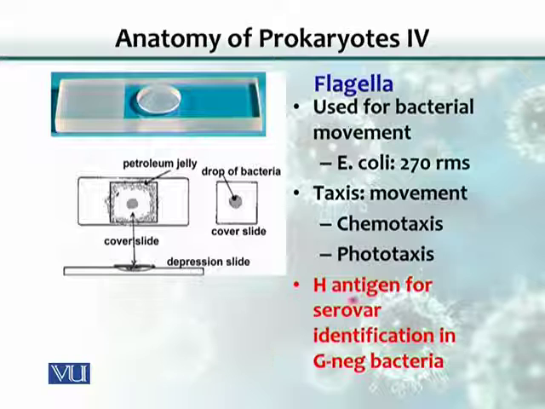Because the flagellum, which is a protein, varies from species to species, based on antibodies that are specific to, for example in this case, E. coli, we can identify E. coli from other gram-negative bacteria like Salmonella.